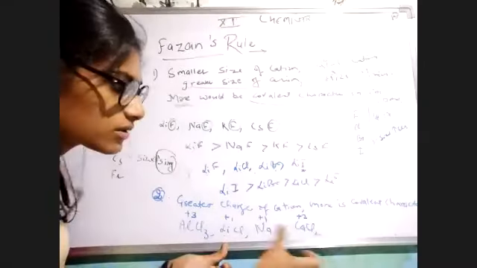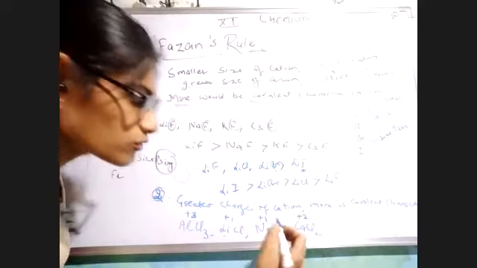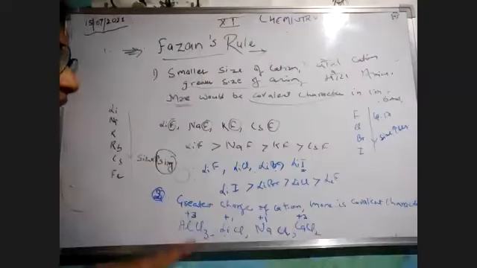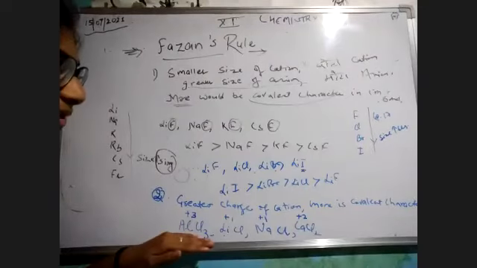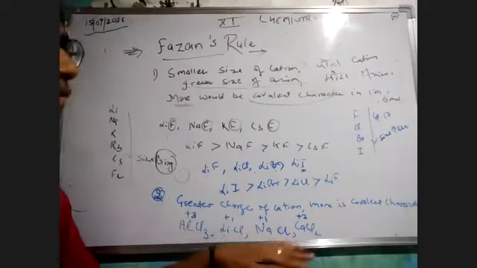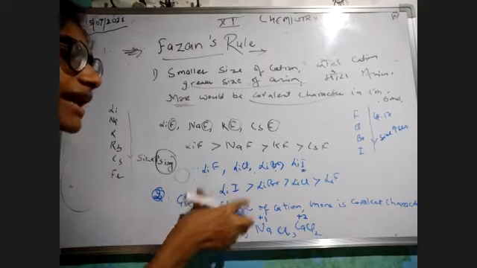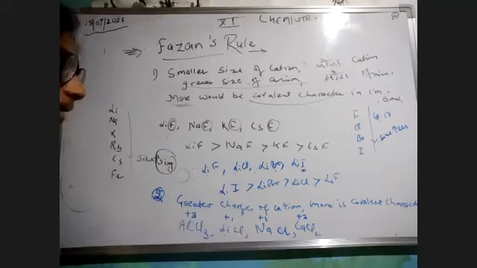First of all, not to confuse you, I'm just taking sodium chloride over here. So right now there is aluminium chloride, lithium chloride, sodium chloride, and calcium chloride. The rule says, greater the charge of cation, greater is the covalent character of ionic bond.